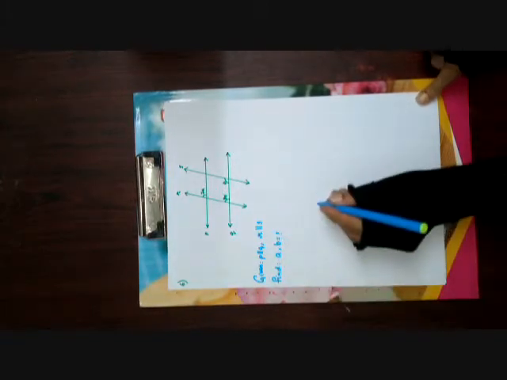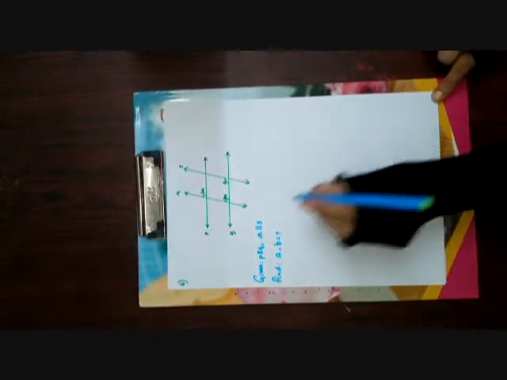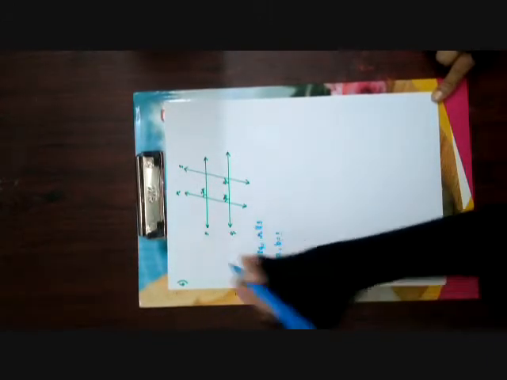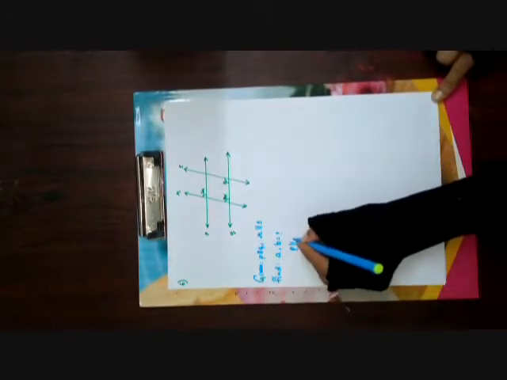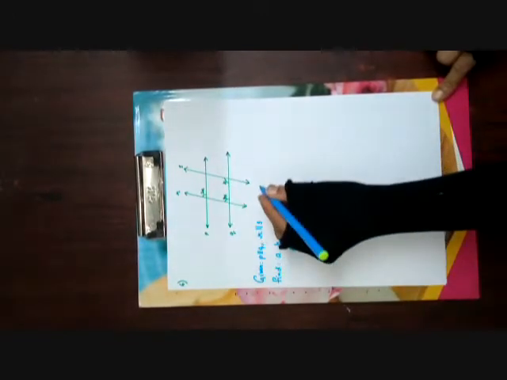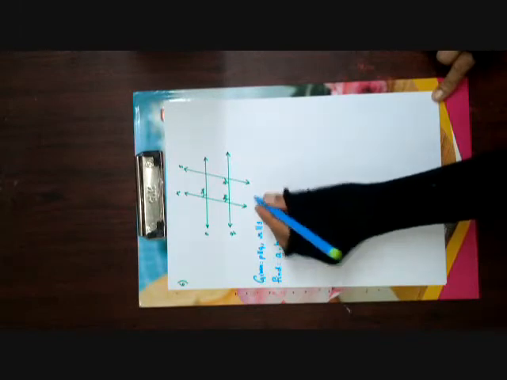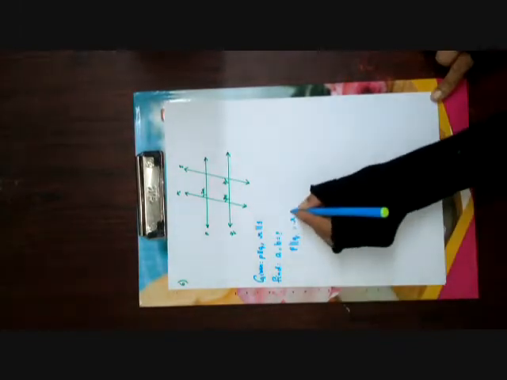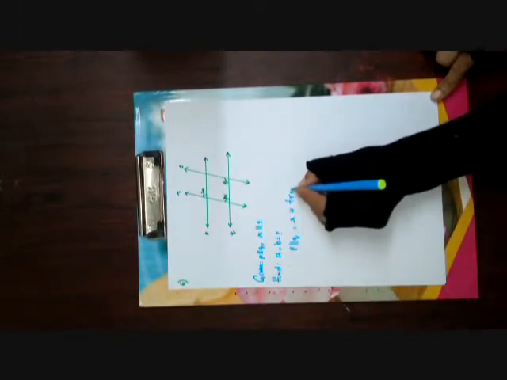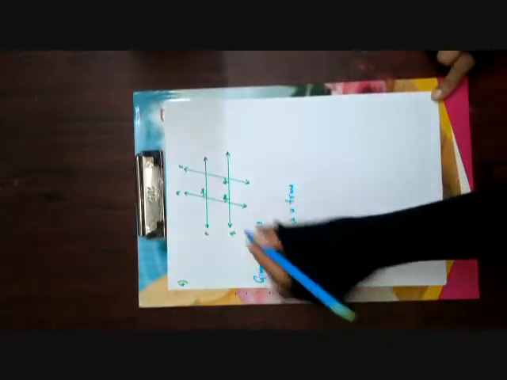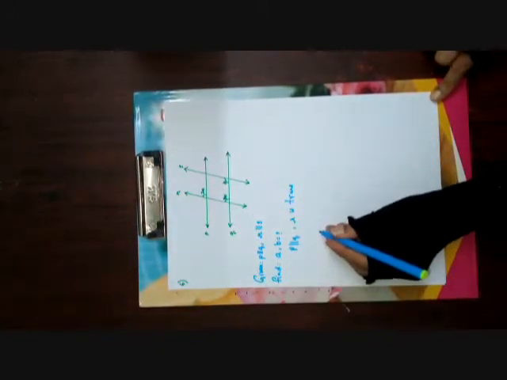Okay. Now look here, children. In this case, first I will consider P is parallel to Q. When I consider P is parallel to Q, R and S will be my transversal. So let me say R is transversal. This line R is transversal. Now what have we studied?